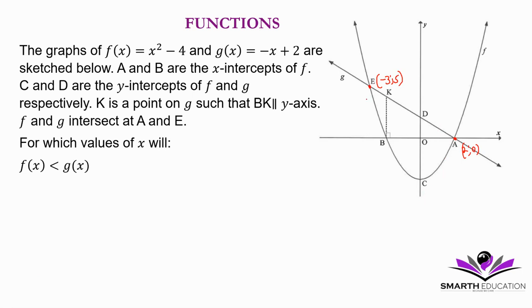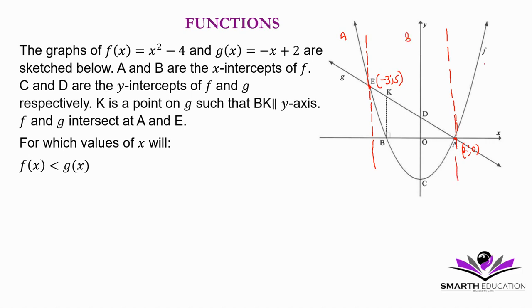But now, what about when x is less than -3? That's the first part we're going to look at. Let's call it region A. Then what about when x is between -3 and 2?